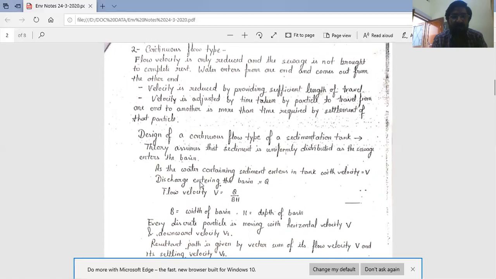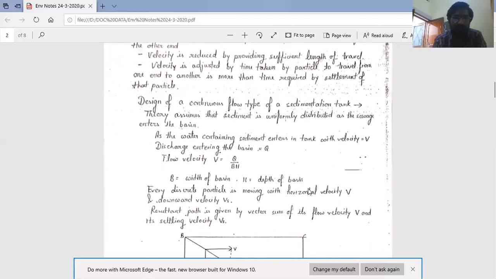As the water containing sediment enters the tank, the entering velocity of flow is v. Discharge entering the basin is equal to capital Q. Then flow velocity v is equal to Q upon A, discharge upon area. Then v is equal to Q upon B into H. B is equal to the width of basin or tank, and H is equal to the depth of tank or basin.